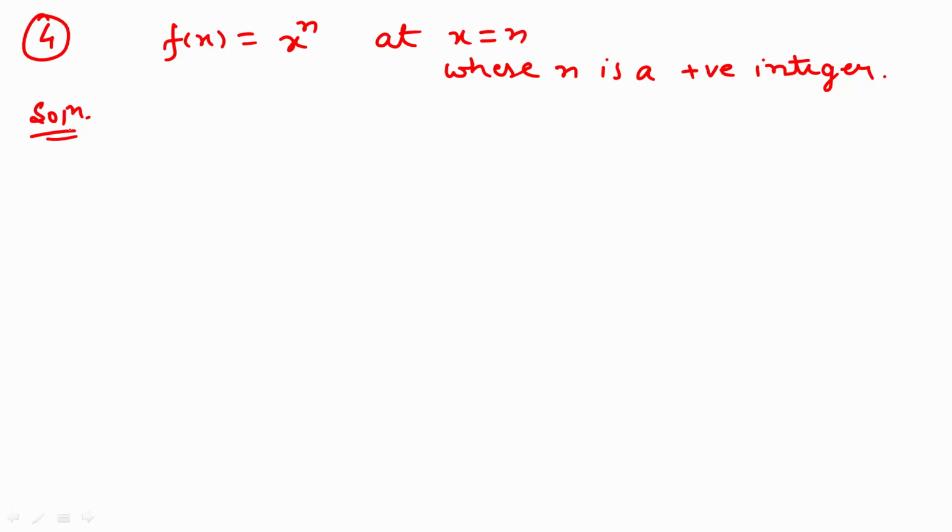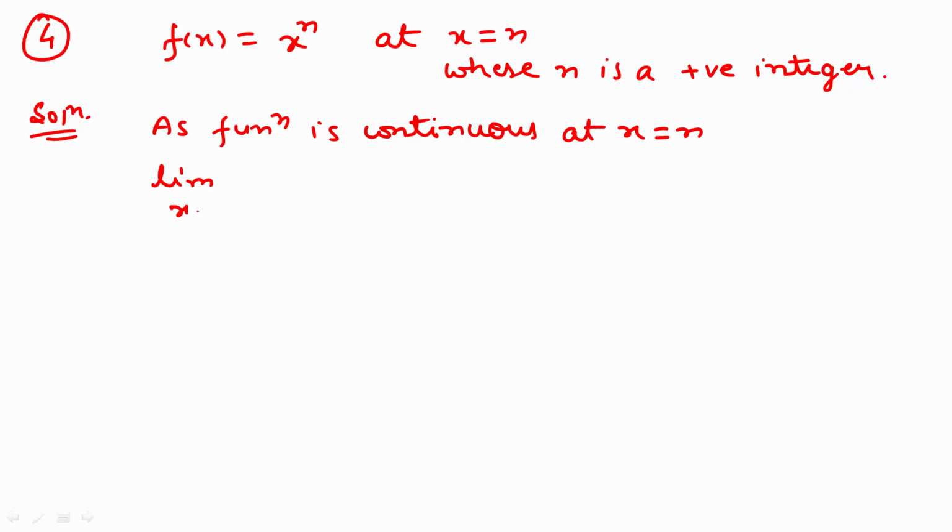So let's see, as the function is continuous at x is equal to n, limit x tends to n f(x) is equal to f of n. No need to take the left hand limit and right hand limit separately in such types of questions.